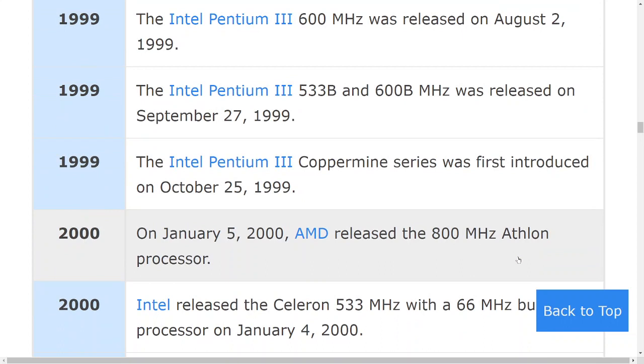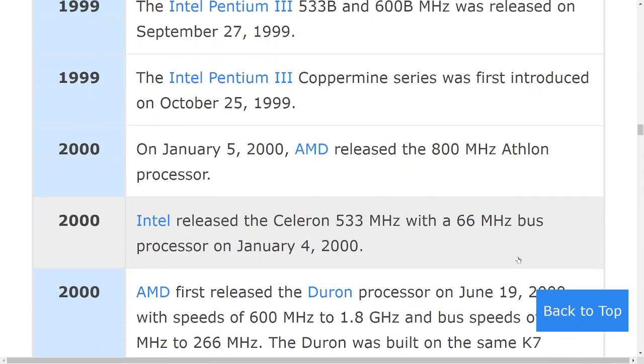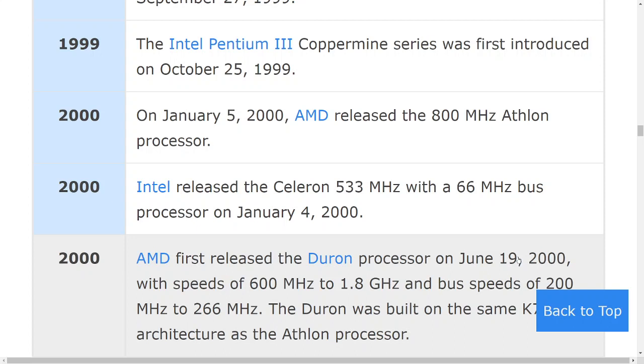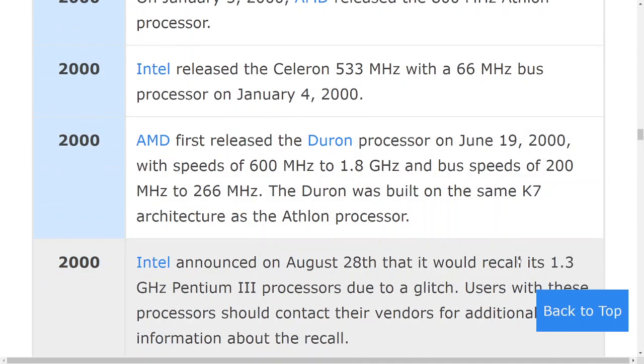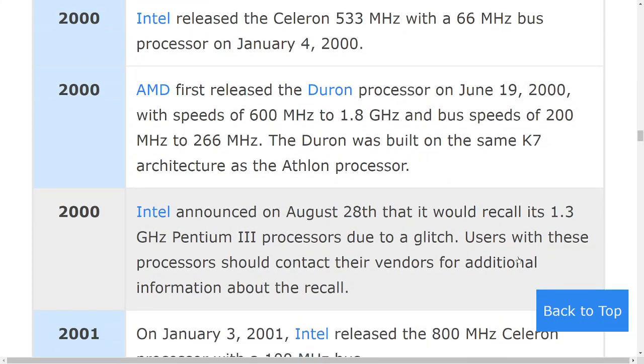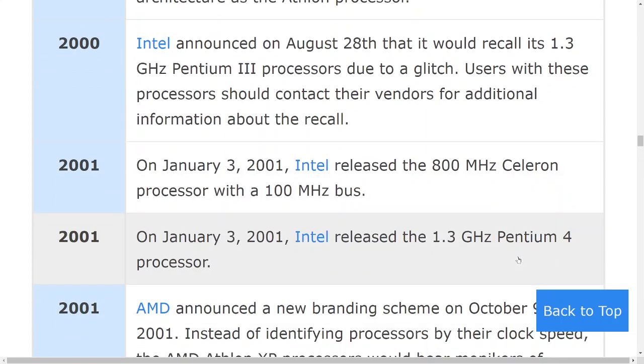So in year 2000, AMD released 800 MHz Athlon and Intel released Celeron 533. Then AMD first released Duron processor with 600 MHz to 1.8 GHz. The same year, Intel announced 1.3 GHz Pentium 3. 2001, Intel released 800 MHz Celeron processor.